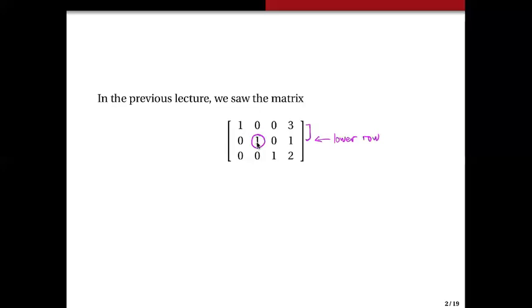The leading one occurs farther to the right than the leading one in the higher row. This is the leading one in the higher row. And notice that for the lower row, the leading one is on the right of the leading one in the higher row.